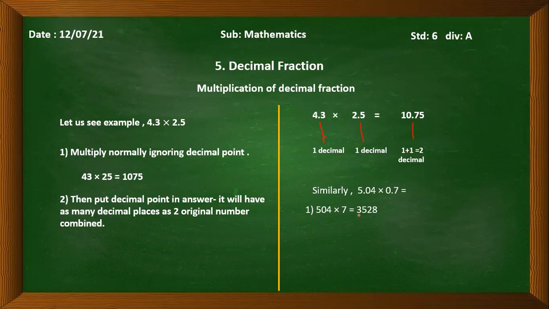So after getting the answer, we are going to again put the decimal point, and we will add the decimals and find the answer. So anyone can tell me, how many decimals are there in 5.04? 2 decimals. And 0.7?